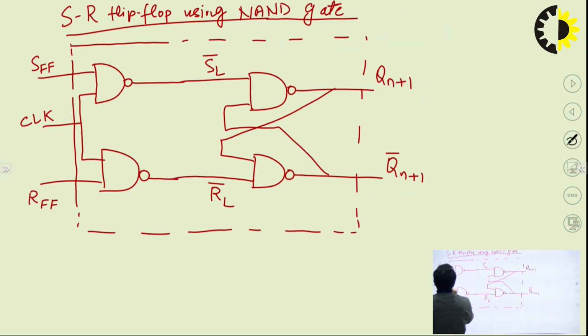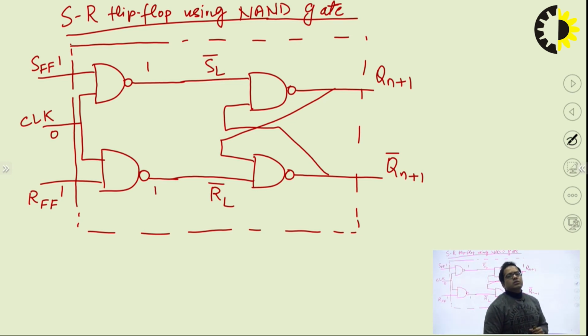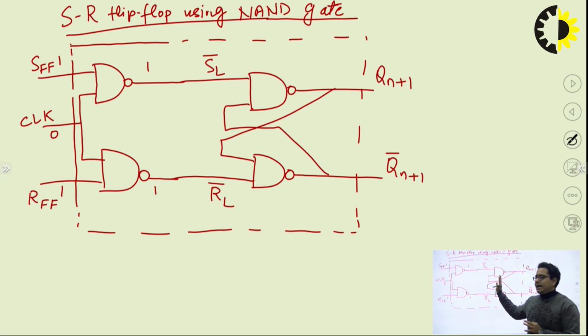So let us apply a clock 0, and let us take an example of applying both the inputs as 1, 1. Whenever you are providing a clock as 0, what will be the output? Output will be 1 and 1. But the latch is having inputs S_L complement and R_L complement, meaning active low.